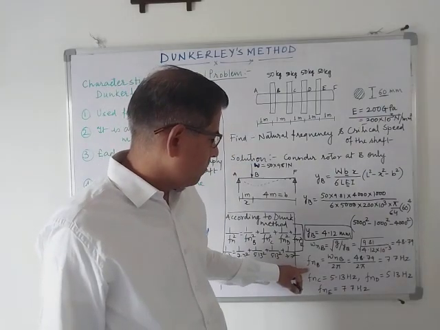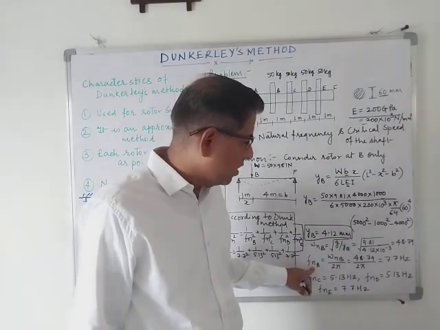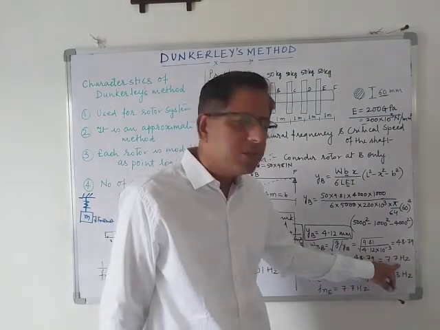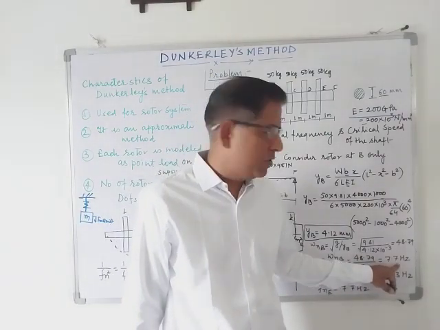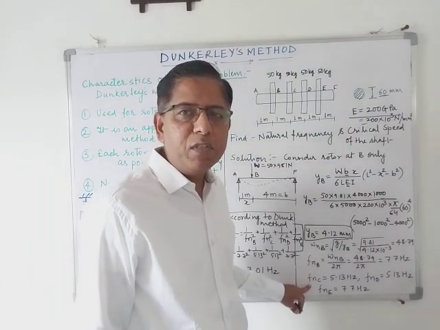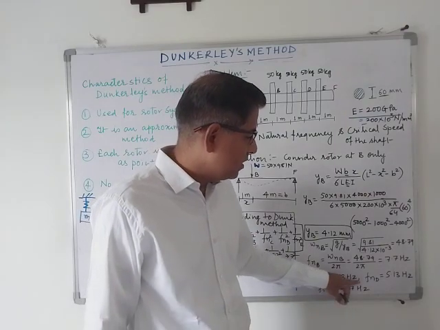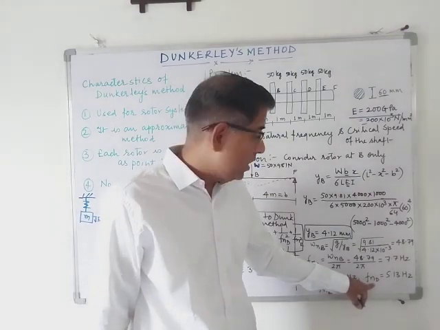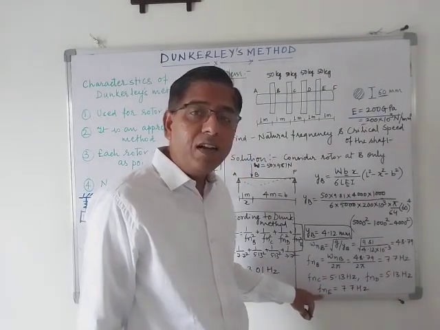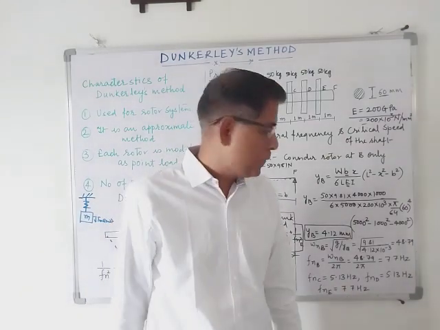Similarly, we can find out the natural frequency in hertz as omega nB upon 2 pi, and it comes out to be 7.7 hertz. In the same fashion, the natural frequency because of the rotor C only comes out to be 5.13 hertz. Because of the rotor D only, it comes out to be 5.13 hertz. Then because of the rotor at E only, it comes out to be 7.7 hertz.